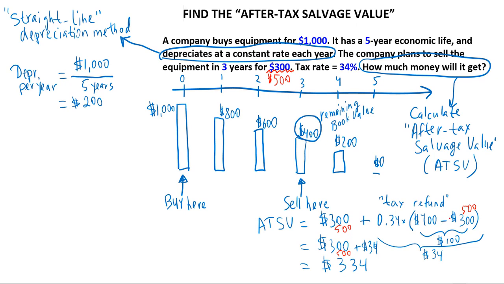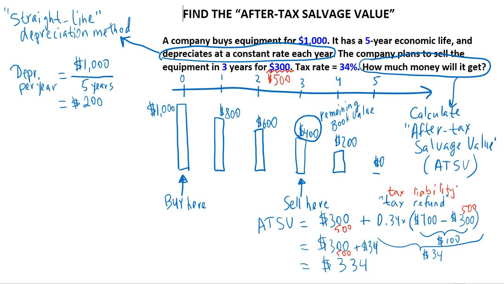We are selling the equipment for more money than it's actually worth on the books, for above the remaining book value. And the same, using the logic I explained earlier, that would imply that we have been paying too little money in taxes over time. And so now it's not a tax refund, it's a tax liability for the firm.